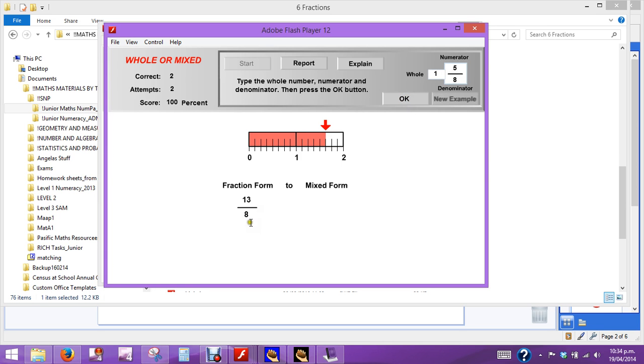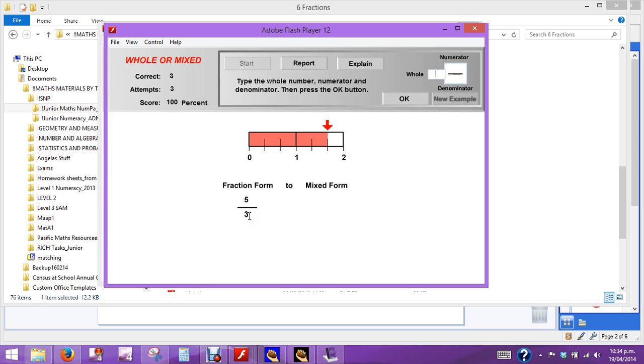Alright, so that's the way we do it. We say how many 8s in 13? It only goes in once clean, and if we take that 8 off 13, we have 5 parts left over. Okay, let's use that method for the next one. How many 3s in 5? It only goes in once, otherwise we'd have to get to 6 to go in twice.